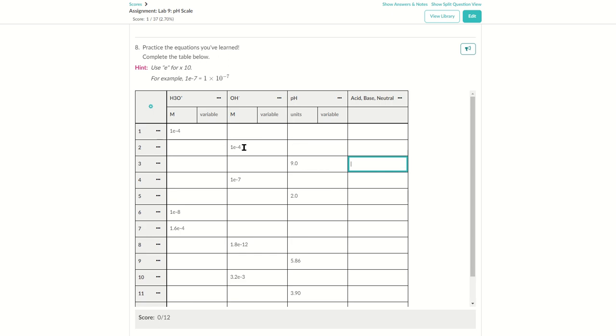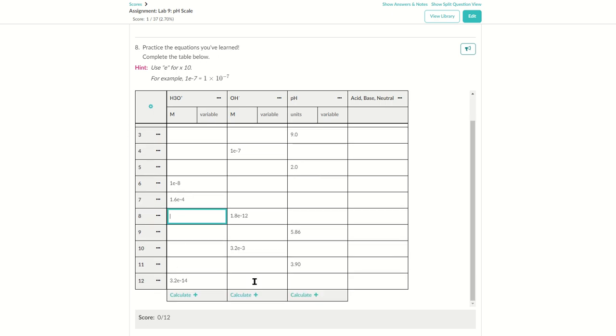So for row 2, 4, 8, and 10, if you can, go ahead and calculate what you can for H3O, for the pH value, and you can tell me whether it's acidic, basic, or neutral. Just try your best. But at minimum, I should see row 1, row 6, 7, 12 completely filled out for pH and acid, base, or neutral.